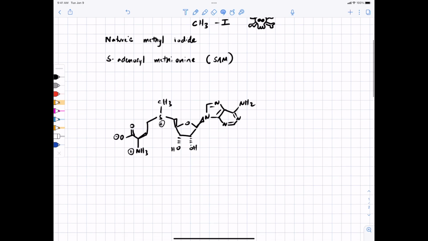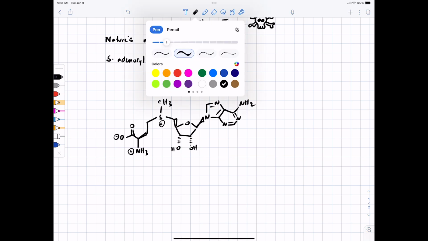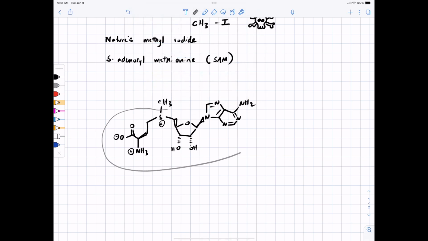So basically, you've got the methyl group here, and this really strange thing that you've never seen before. And I'm just going to say that this is a leaving group. Got it? And you can tell because if a nucleophile attacked, the electrons would go to the sulfur and it would be neutral instead of positively charged. Why does nature bother with all of this?